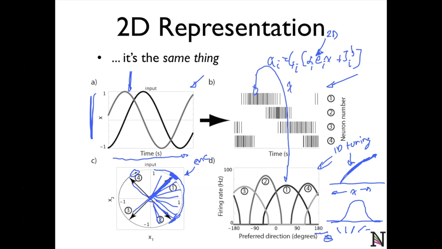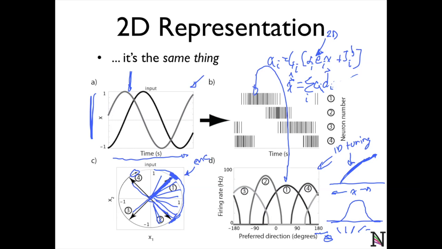The decoder is going to be pretty much the same too, where we have an X hat, which is now a 2-dimensional space. That's also going to be a sum over all the neurons. We just take all the activities of all those neurons, and we multiply them by some decoder D. And as you can imagine, that decoder is now also going to have to be 2-dimensional, so this is also going to be a vector.